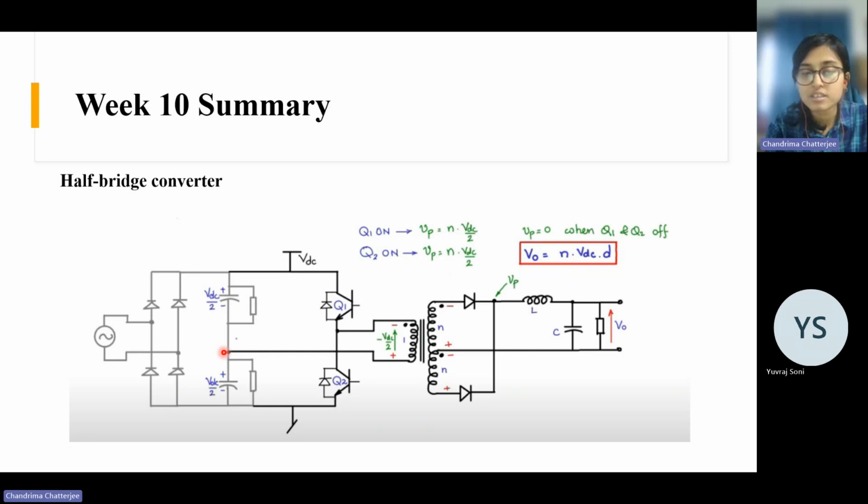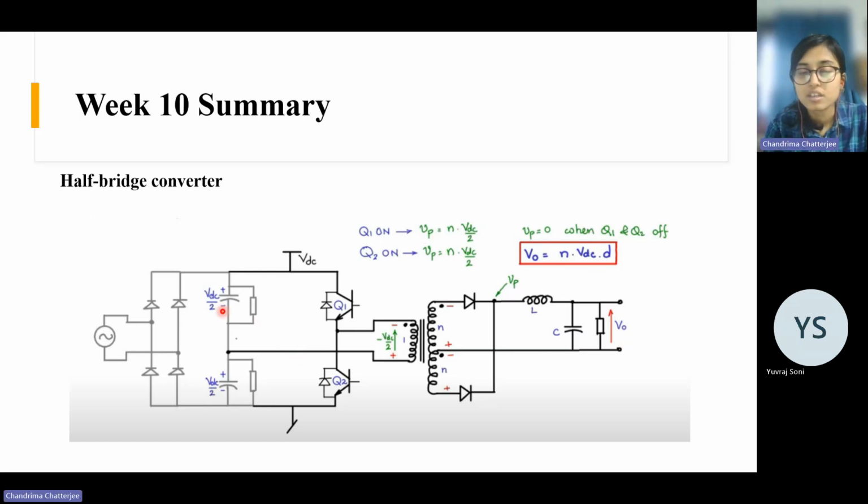So the DC link is split in two halves, and this configuration is called a half bridge. From these switching nodes, this transformer is connected. In the secondary side, it is center tapped. This portion is similar to push pull converter, and here we get the output voltage. Right. So here the load is connected.